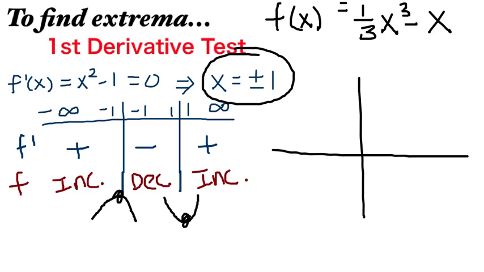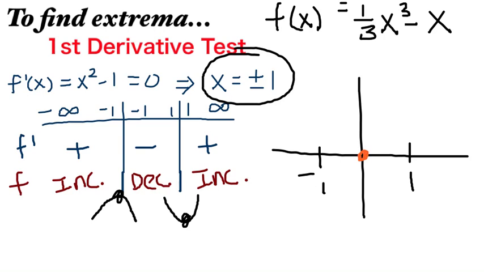So the information we just gathered previously was the concavity. This information gives us the relative extrema. So I can see at -1, I have some type of max. At +1, I have some type of min. I know the function is concave down from negative infinity until I reach 0.